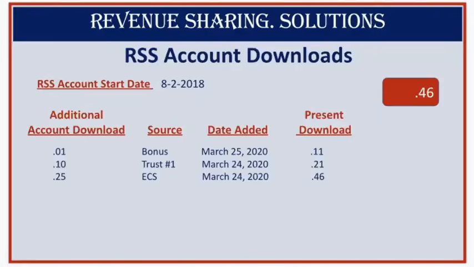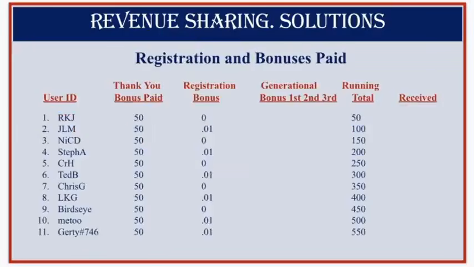And this is the date that it was added, and the present download to be sure that the accounting has taken place. And then somebody signed up an employment contract at 25 cents per minute. And so it will show you on the right what the present download is supposed to be and is justified there. And then the total is up in the corner so you can take a quick look at it.